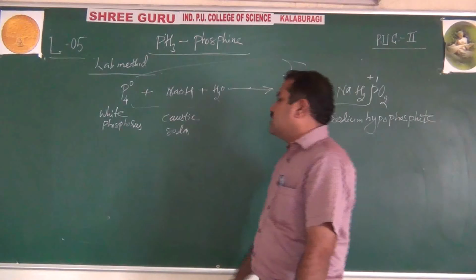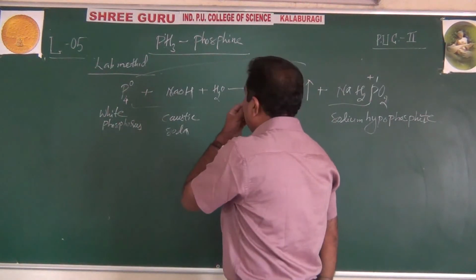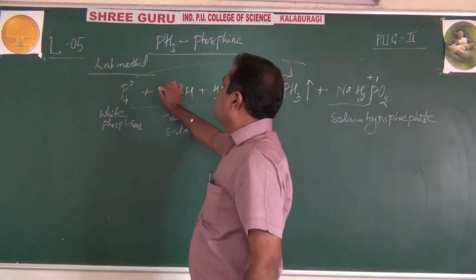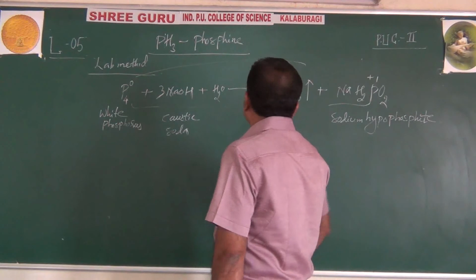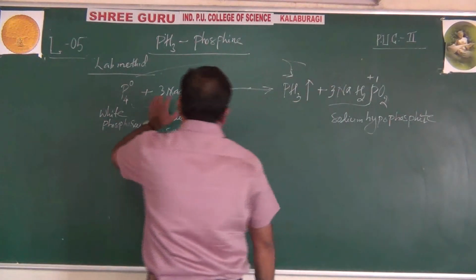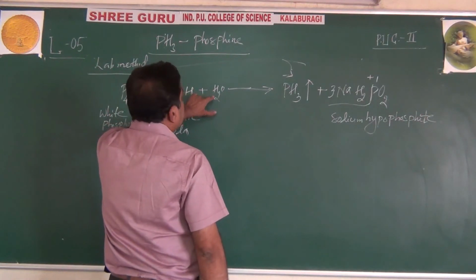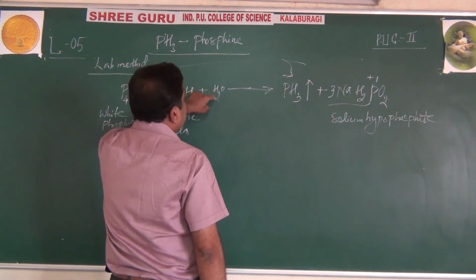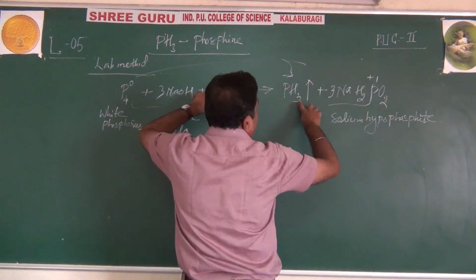When balancing the equation, 3 hydrogens are here, therefore we multiply by 3. Then automatically 3 NaH2PO2 because of 3 sodium atoms. Then lastly, hydrogen as well as oxygen. See, here 3 2s are 6, 6 plus 3 is 9.